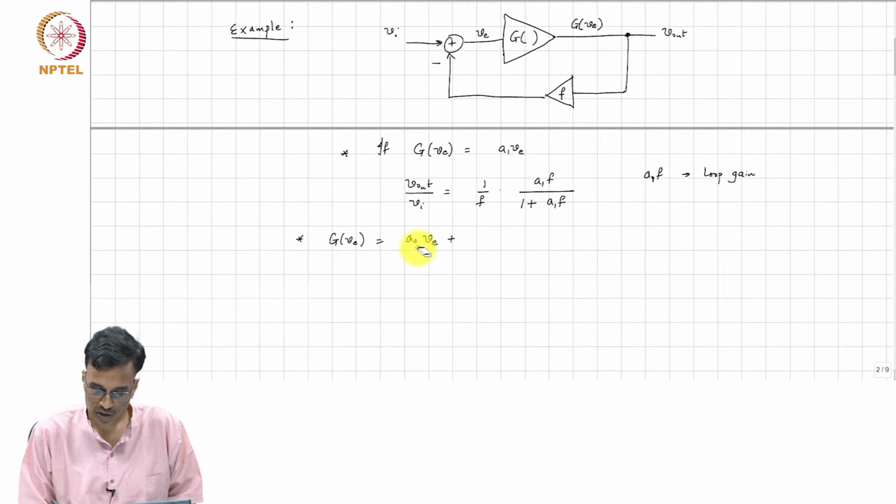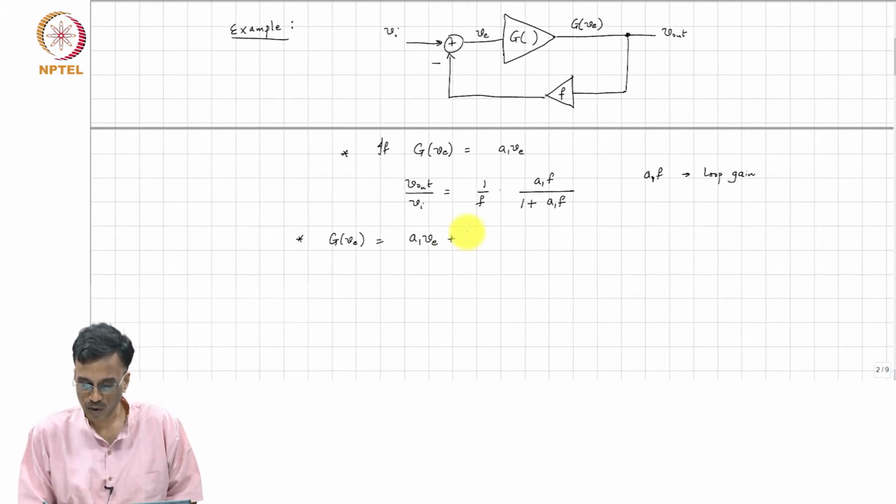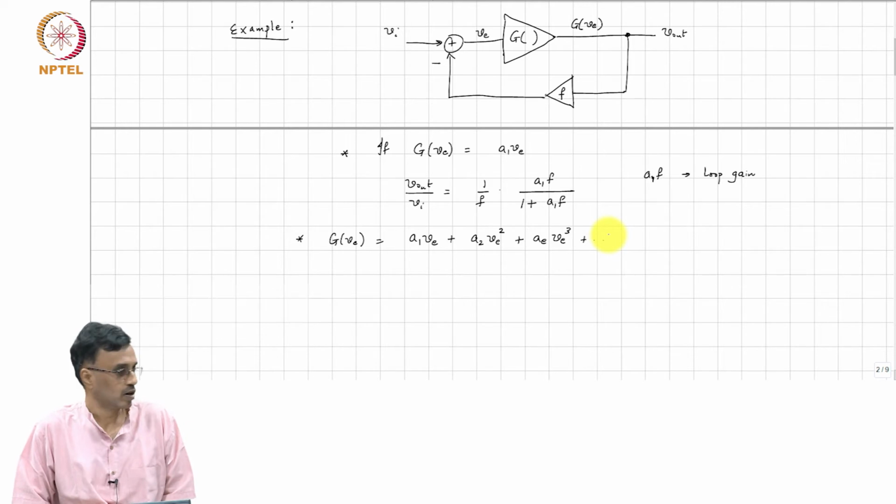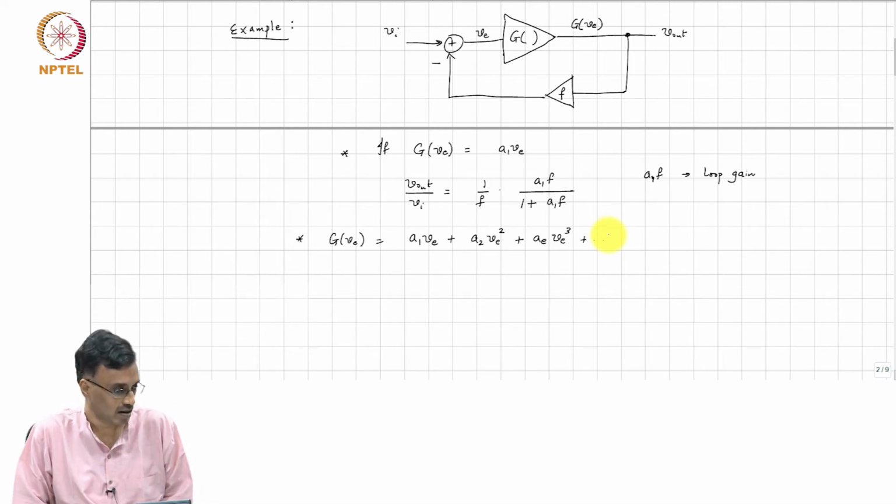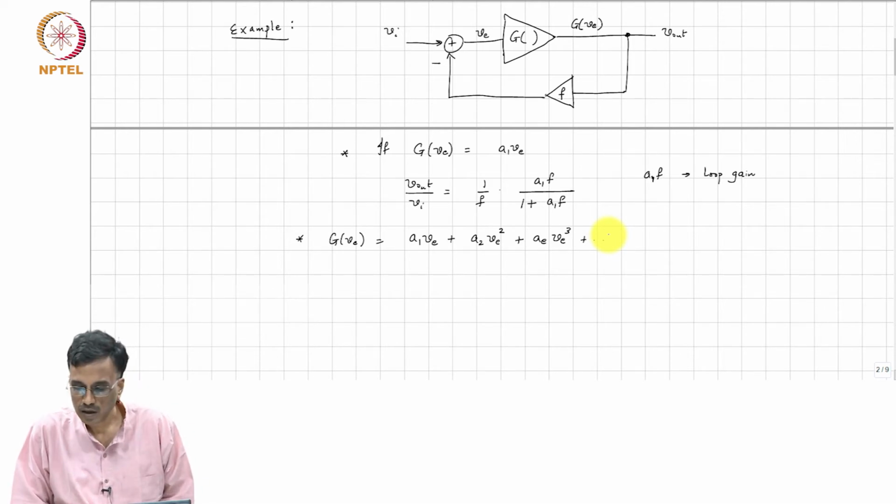So, the next question is, what happens when G of V E is A 1 V E plus A 2 V E square plus A 3 V E cube. And typically, there will also be higher order terms, but we will neglect the stuff beyond the third order.